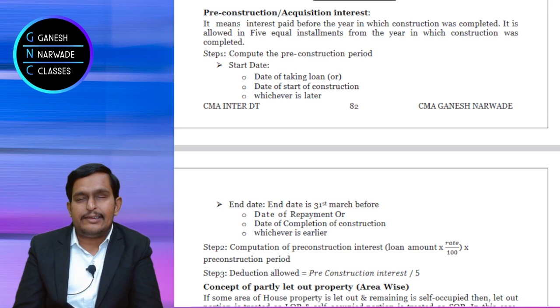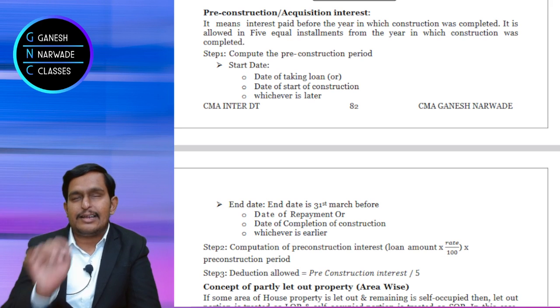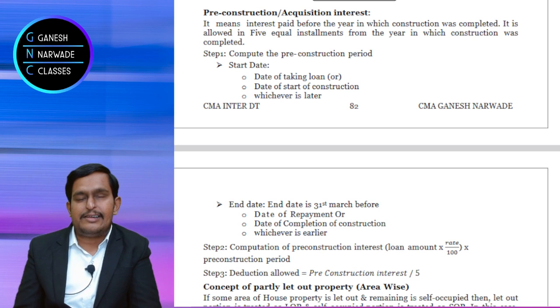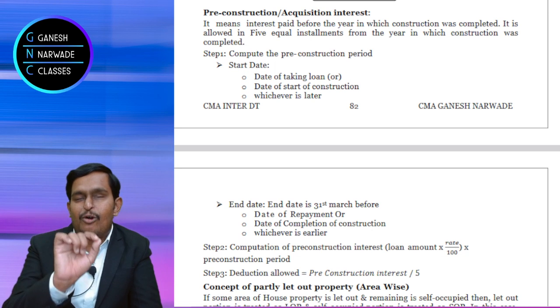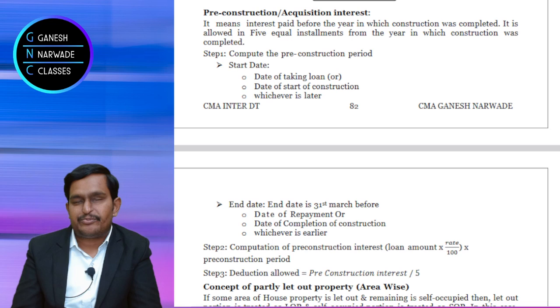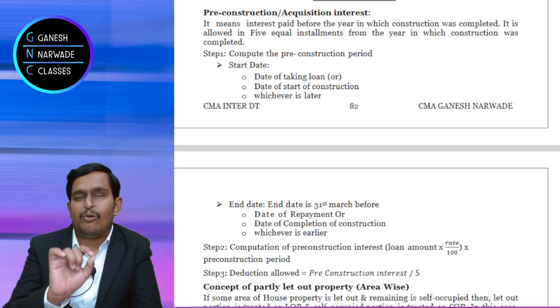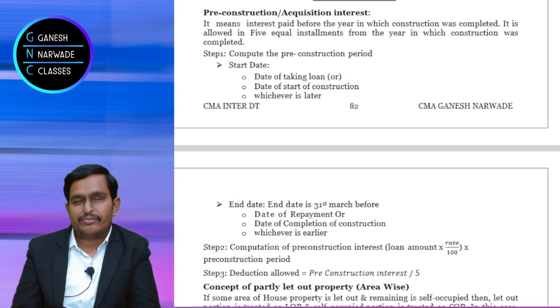Now what is the end date? The end date is 31st March. But which 31st March? Either 31st March before completion of construction or 31st March before the date of repayment.